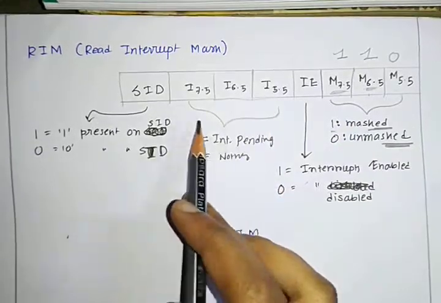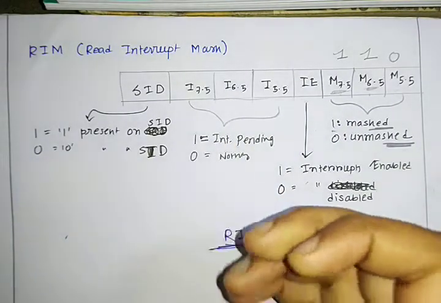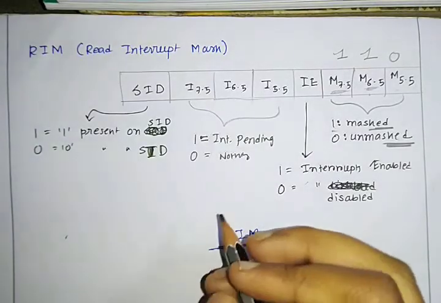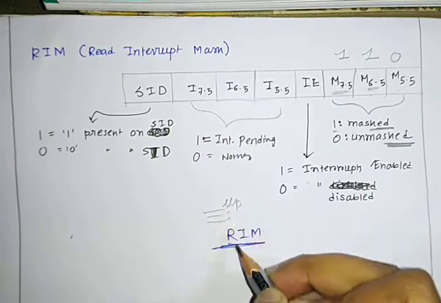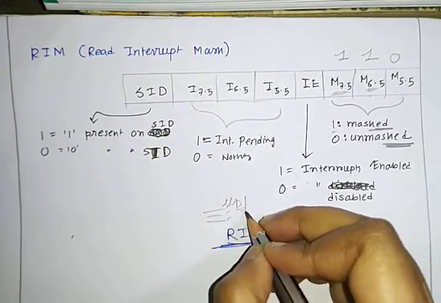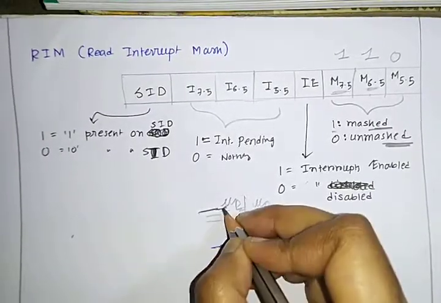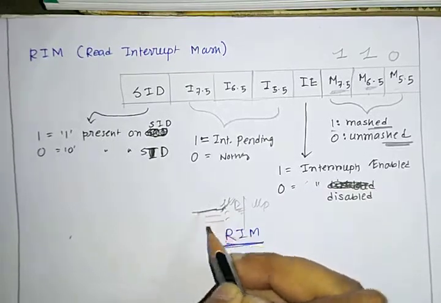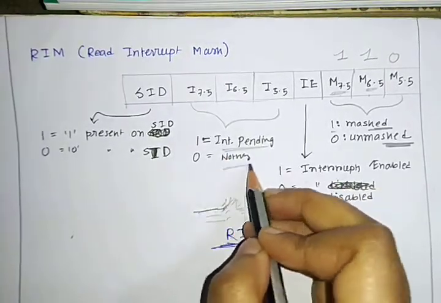Then you already know what a pending interrupt is. Suppose I'm doing my program and some interrupt occurs, but I was busy in my programming, so I told it to hold. When the MPU is now free, this pending interrupt will get serviced, but for the time being it was pending, which is why it is called interrupt pending.